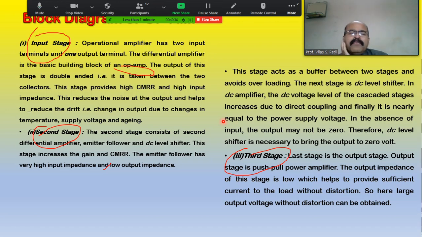Friends, here we completed the working according to the block diagram of the operational amplifier, in which I am just taking the review because the time remaining is very less. We just have to join again after closing this meeting.